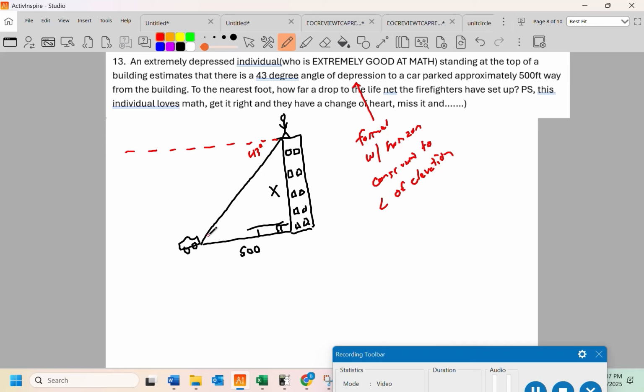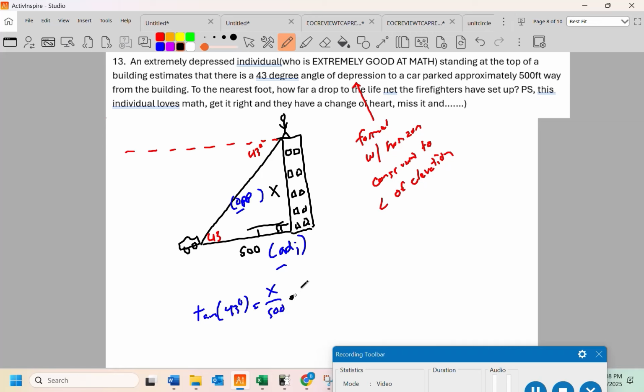So I'm going to take my 43 and I'm going to put it right there. And then I'm just going to do a little bit of SOHCAHTOA. I notice that this x is the opposite side, and something that gets a lot of kids is adjacent. Adjacent means you touch the angle, but you ain't the hypotenuse, okay? So I have the O and I have the A. I have the tangent ratio. The tangent of 43 degrees must equal x over 500.